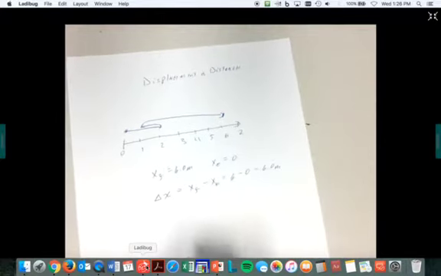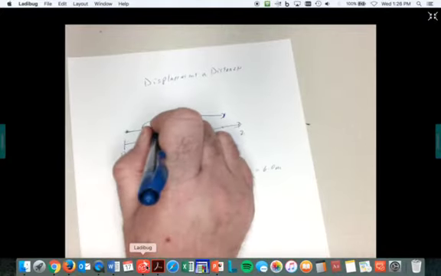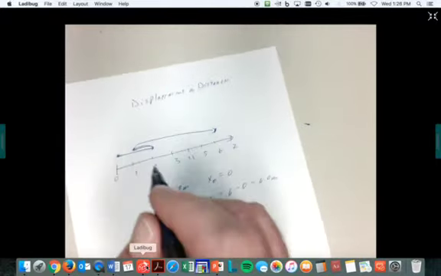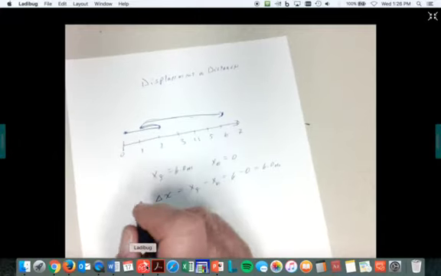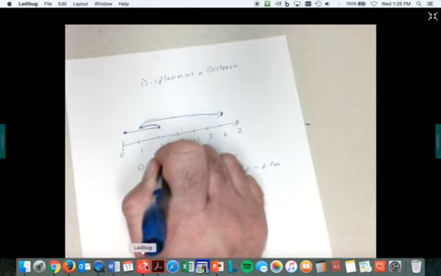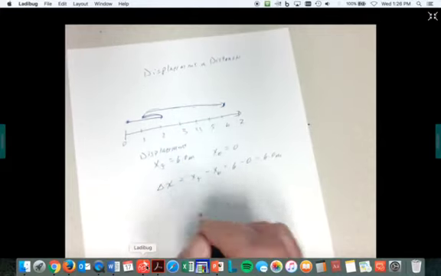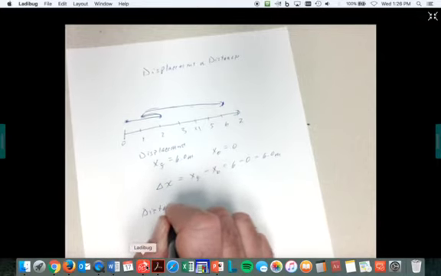My distance I traveled, though, let's look at my distance. I went 2 meters. Then I went back 1, so there's 3 meters. And then I went another 5 meters. So my displacement was 6 meters. My distance is all absolute value.